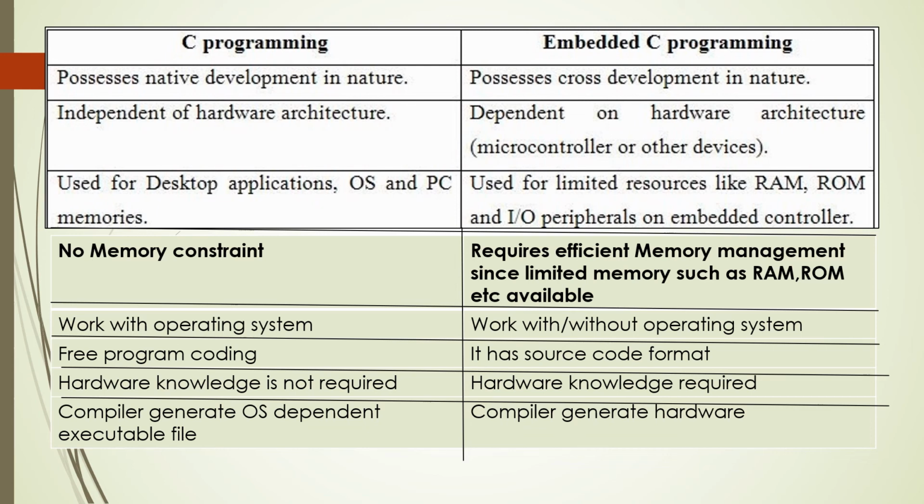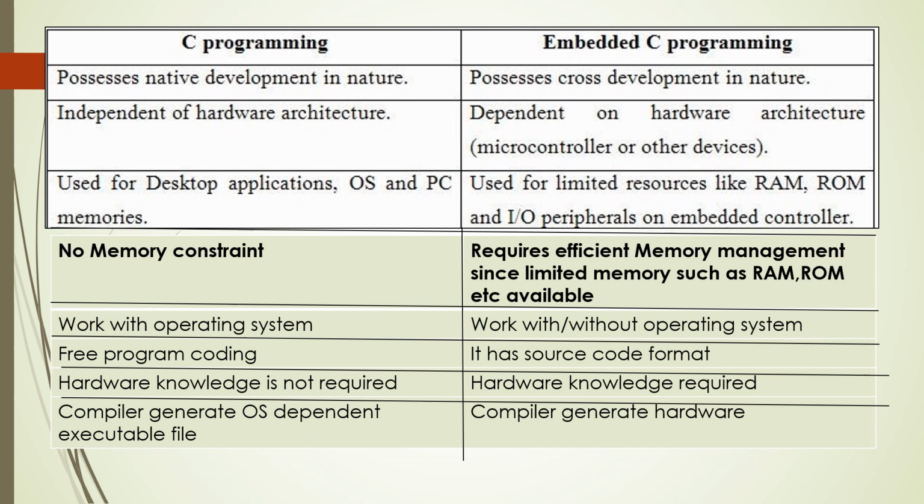There are memory constraints. In C programming, there is no memory constraint, while in embedded C programming there is a memory constraint because memory management should be limited. C programming works with an operating system, while embedded C programming works with or without an operating system, depending. C programming has free-format coding, while embedded C programming has a source code format.